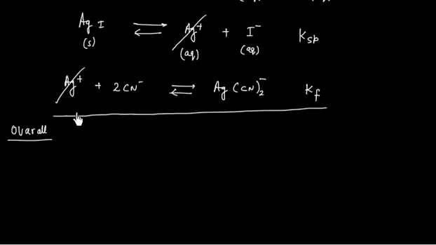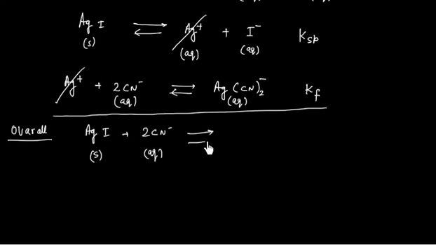The overall equation is AgI solid plus 2CN minus aqueous, and this will give Ag(CN)2 minus aqueous plus I minus aqueous. Let us say the equilibrium constant for this reaction is K dash.